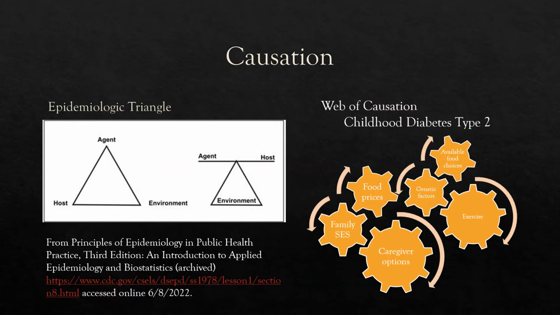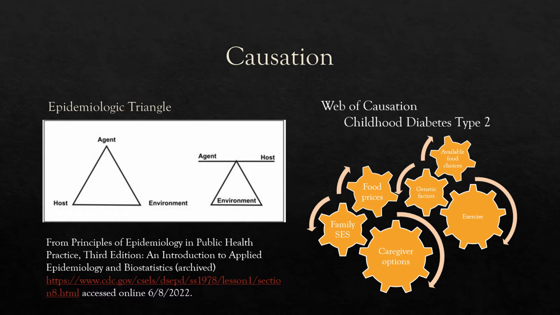So the text goes into how causation has changed over time and our understanding of causation. The epidemiologic triangle historically was always thought of as agent, host, and environment interacting. So you need an agent. Let's take malaria, because the epidemiologic triangle was really developed at a time when public health was predominantly focused on tropical and infectious disease.